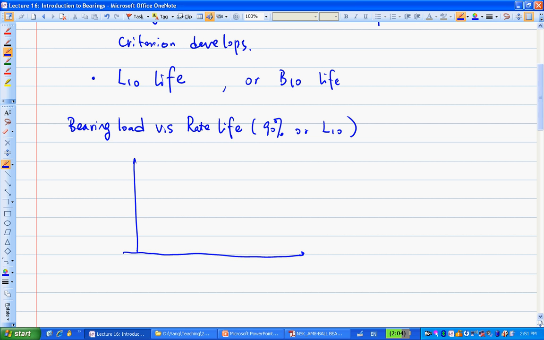That makes sense? In the end, they plot everything on the log scale, and it turned out that this whole thing gives us an approximate straight line.